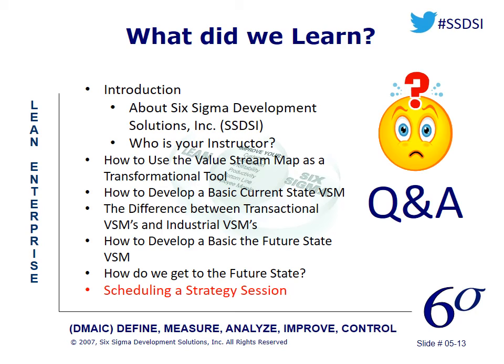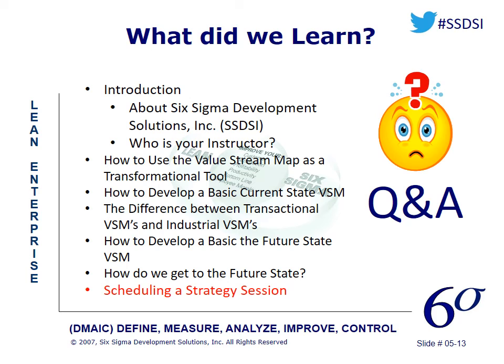It's a very key transformational tool, very easy to understand, but it does take a little bit of a learning curve to understand how to do it, because most people who have gone through our class call me up and say, well, I started out with a value stream map, but somehow I ended up with a process map. And that's normal, because if you do a value stream map from the end of the process to the beginning, then you won't fall into that trap.